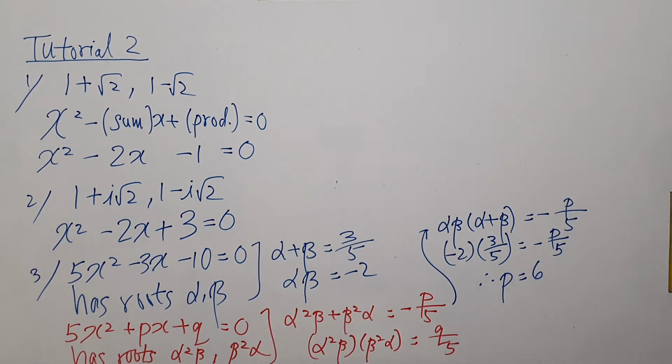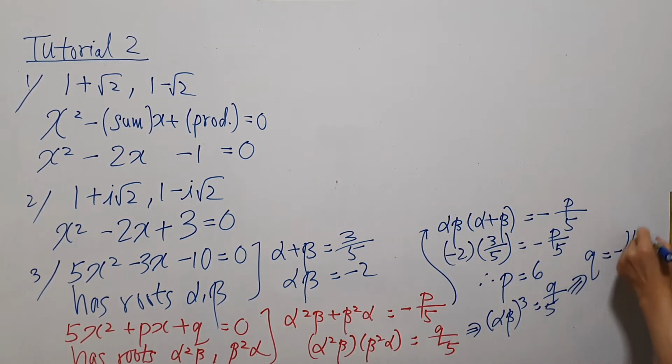And for the product, alpha beta cubed is equal to q over 5. That means q is equal to 5 times alpha beta cubed, put in minus 2, so it gives you minus 40. That's actually question 3.